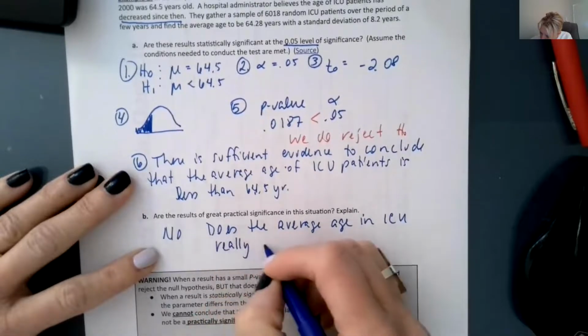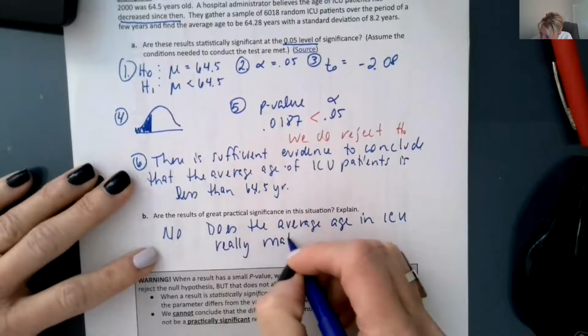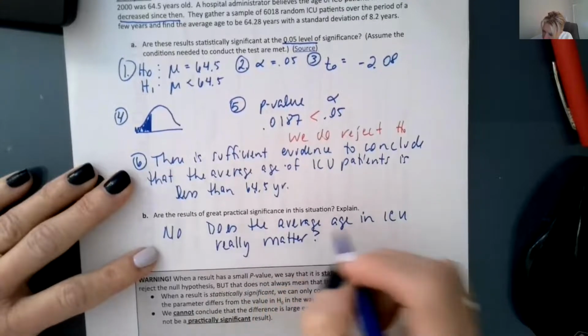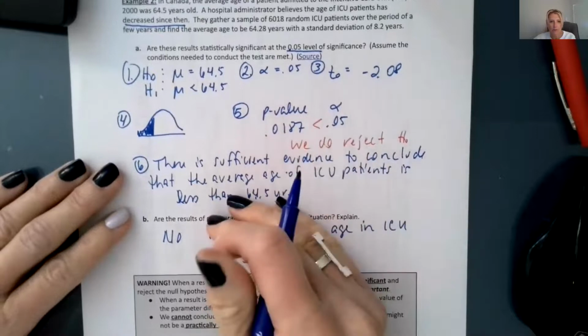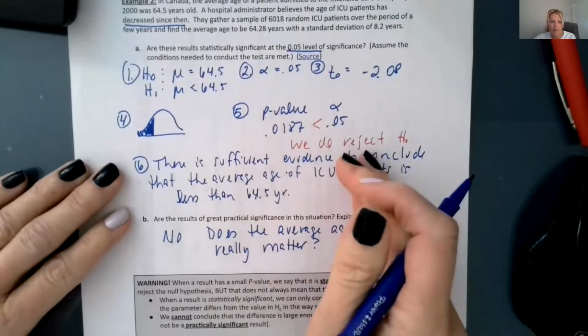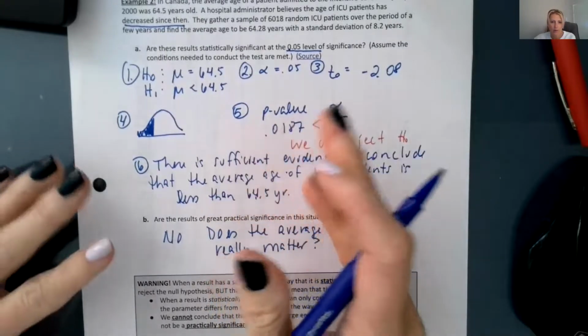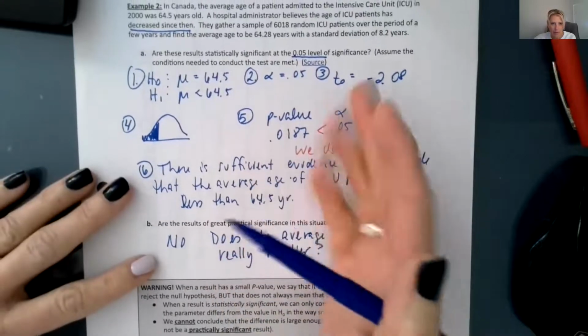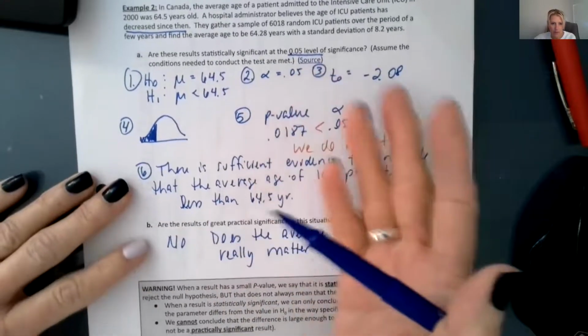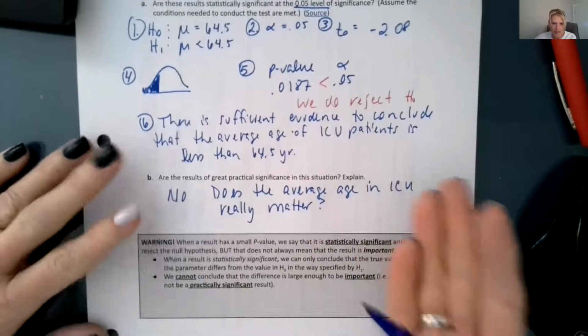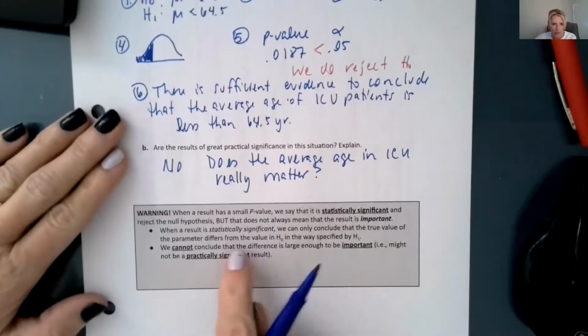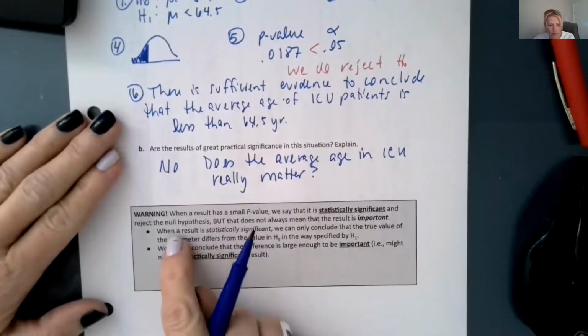So that's what's important to understand: just because data shows that we have sufficient evidence to support a claim using whatever level of significance we suggest doesn't mean that it's practically significant. That's what our warning is about at the bottom of page 237.